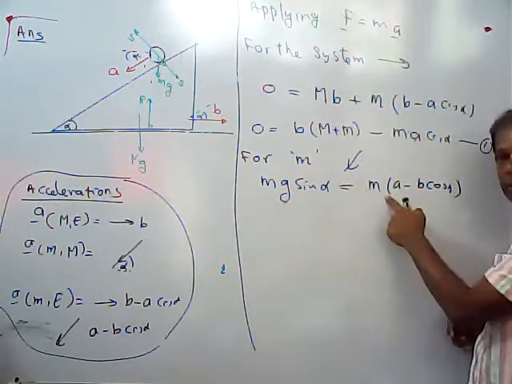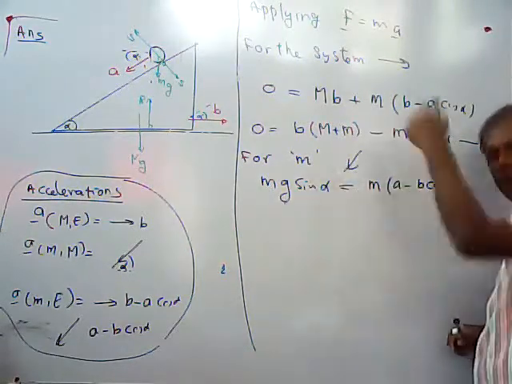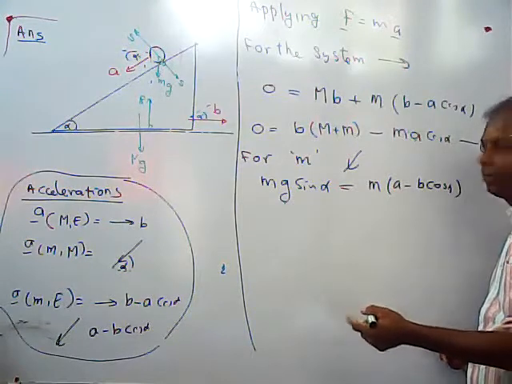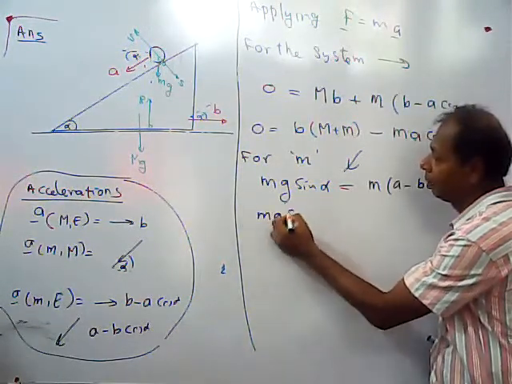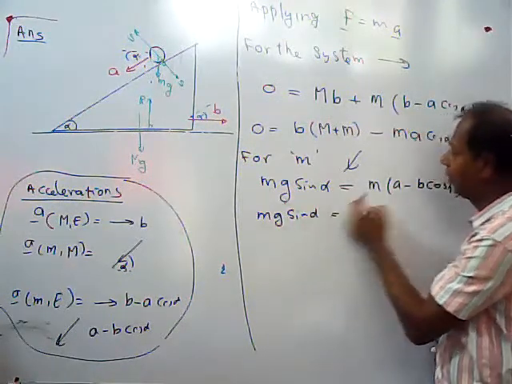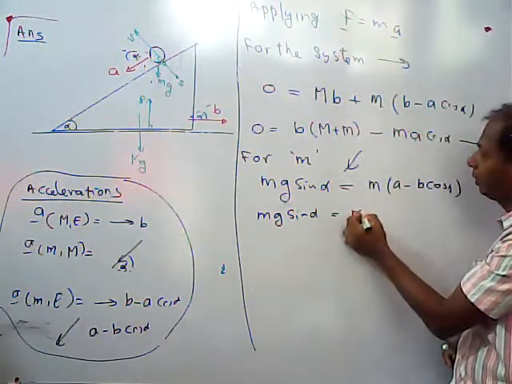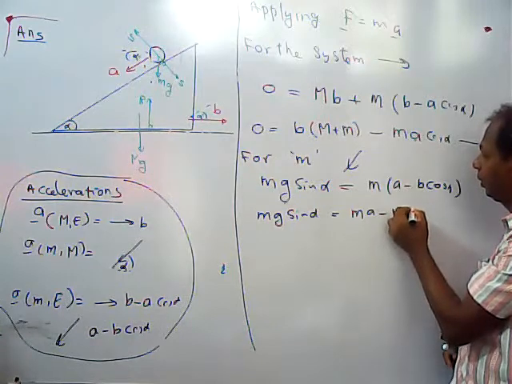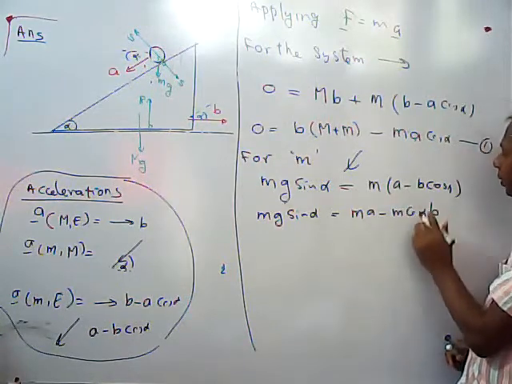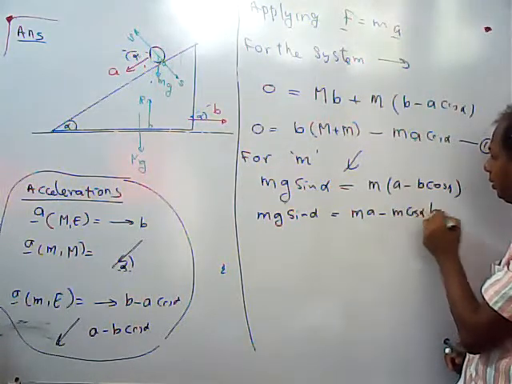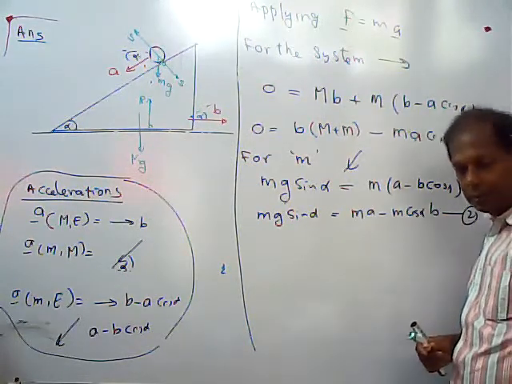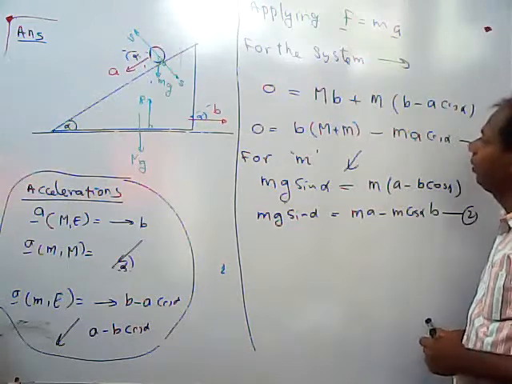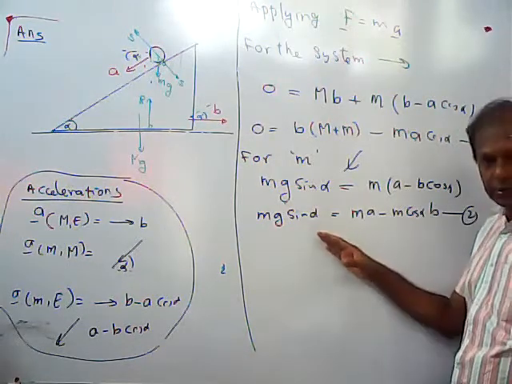In this, if you want, you can cancel m, but you will have to rewrite it later on. If you cancel it now, better keep it there. So N sin alpha equals, opening the brackets here, mA minus m cos alpha B. These are the two equations we have, and these two are sufficient.